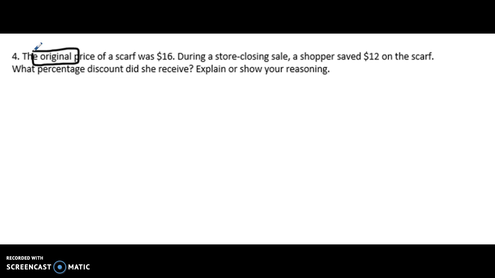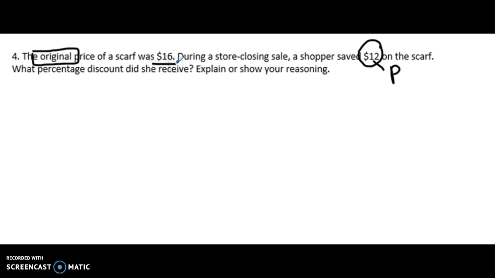So here's what I know. I know that the part is $12 because that's how much she saved. I don't know the discount, but I do know that the original price was $16.